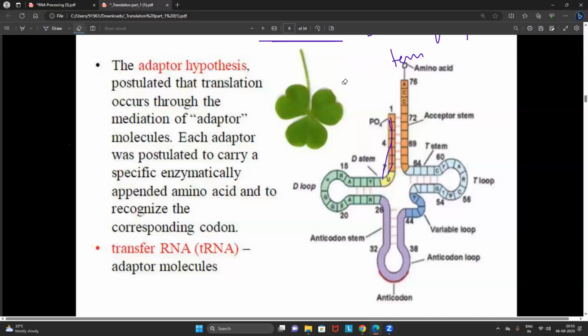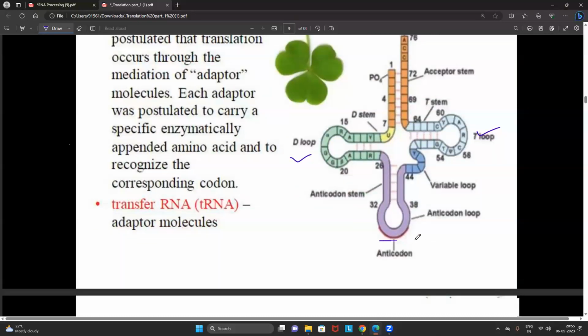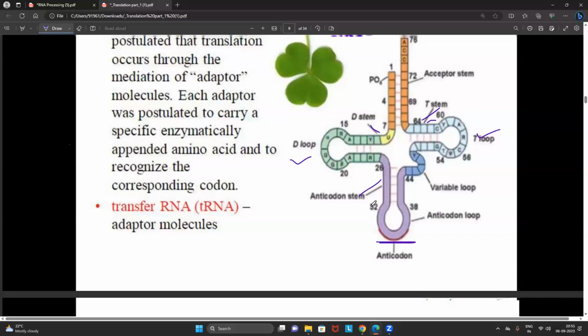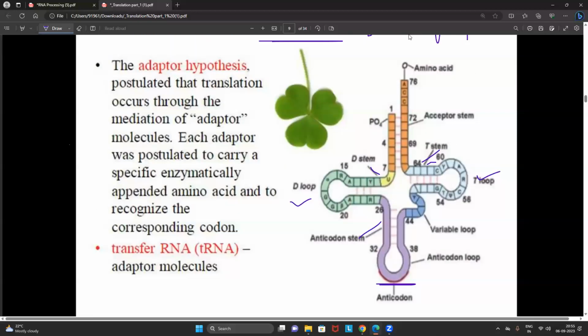They are going to give rise to loop and stem structures during the time of modification. You can call D loop, T loop, anti-codon loop. Similarly, you can call the D stem, T stem, anti-codon stem. All are very important. And very, very important from the exam point of view: to which point of the tRNA will the amino acid come and attach?